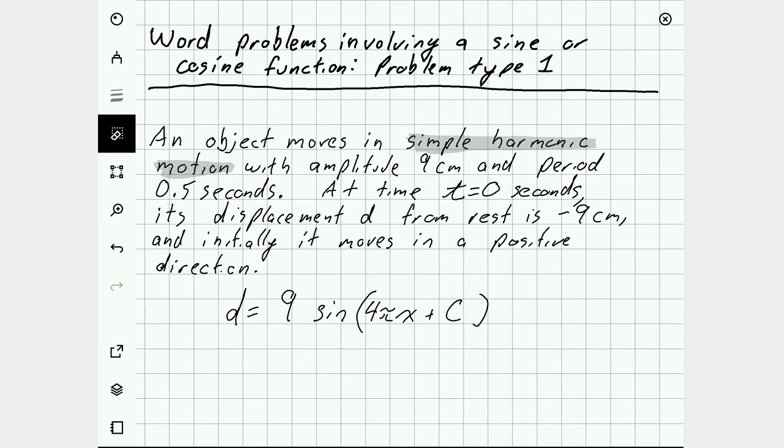So now the only thing left to worry about is what is c going to be? And I guess there's always the possibility that I'm wrong in calling it sine. It might end up being cosine. And we can figure that out from this initial spot. At time t equals 0, its displacement from rest is negative 9 centimeters.